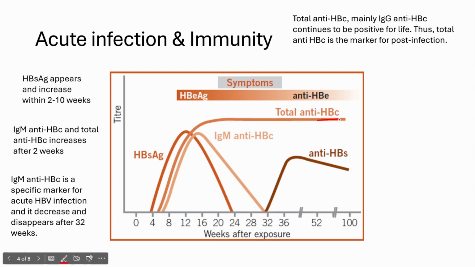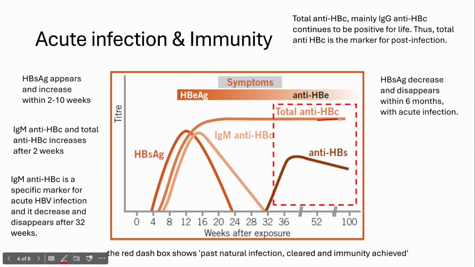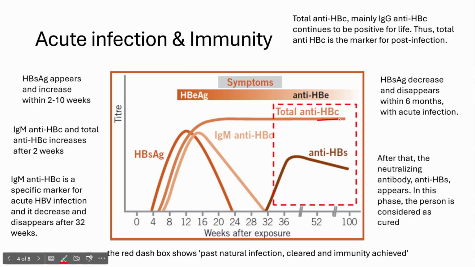So, there will be no hepatitis B surface antigens present, and the anti hepatitis B surface antibodies will appear. If a person tests positive for IgG antibodies and anti hepatitis B surface antibodies, it means that the person is past the natural infection, they have cleared it, and immunity has been achieved.